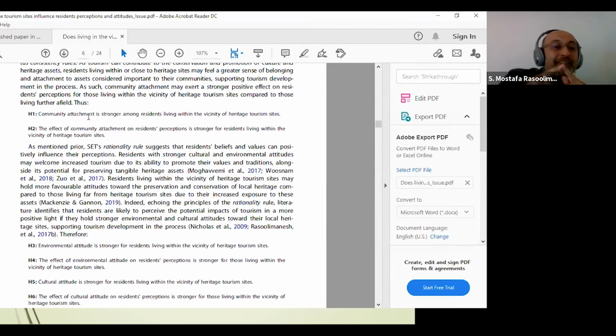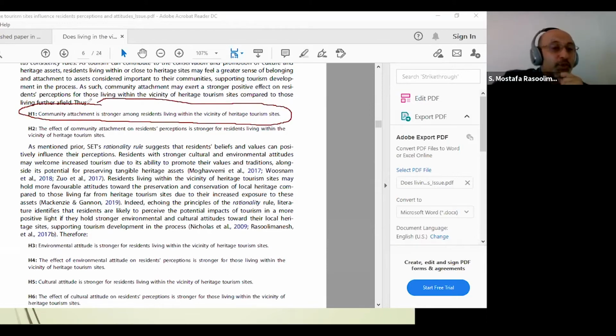So we don't have any effect or relationship. This one is not a moderator hypothesis. Moderator only refers to a difference in the effect of X on Y. But in the first hypothesis, we don't have any effect.